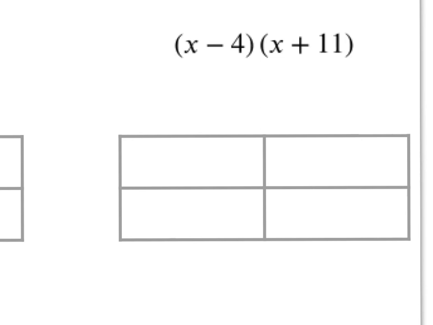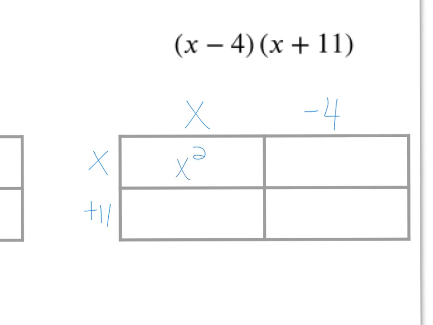Let's do another one. I'm going to multiply x minus 4, and I kept that minus with the 4, times x plus 11. And I'm going to look at each area and do the multiplication. So this area right here is x times x. That is going to be x squared.